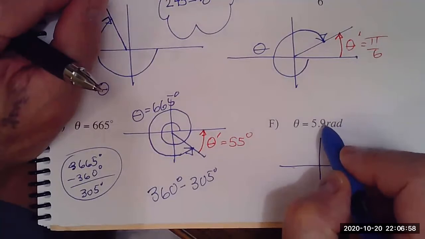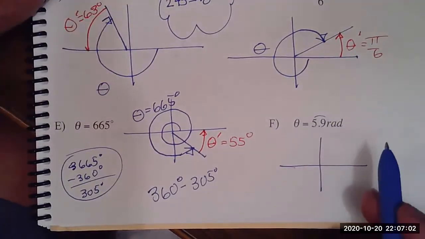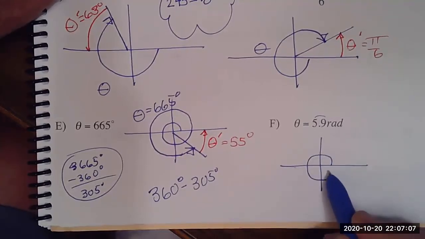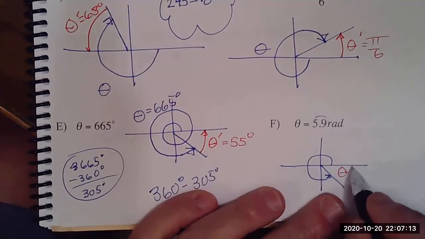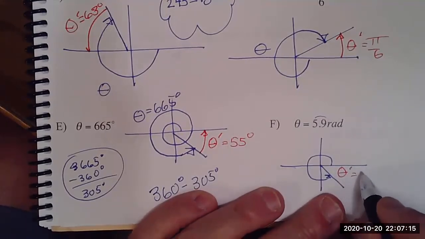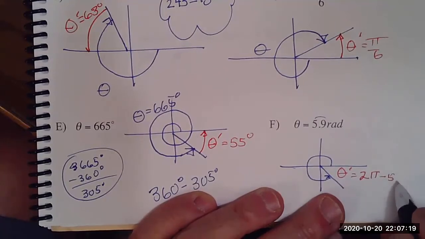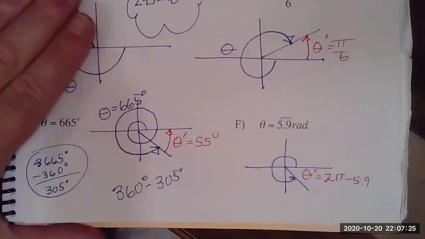This value right here is probably in quadrant number 4. This theta prime exact would be 2 pi, back it off, 5.9 radians. That would be exact. Decimal approximation, you can do that in your calculator on your own.